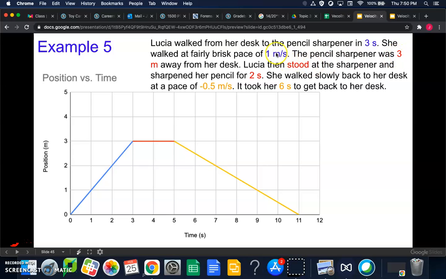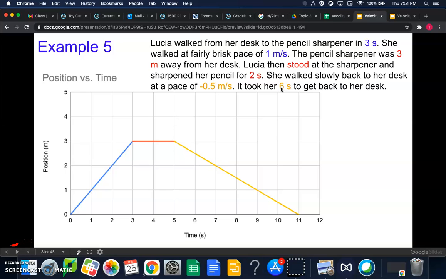I gave you three different velocities, right? 1 meter per second. The fact that she was standing tells you that her velocity was 0. And then this velocity down here. I gave you one position, the 3 meters, and then I gave you three different times: 3 seconds to walk there, 2 seconds at the pencil sharpener, 6 seconds to walk back.